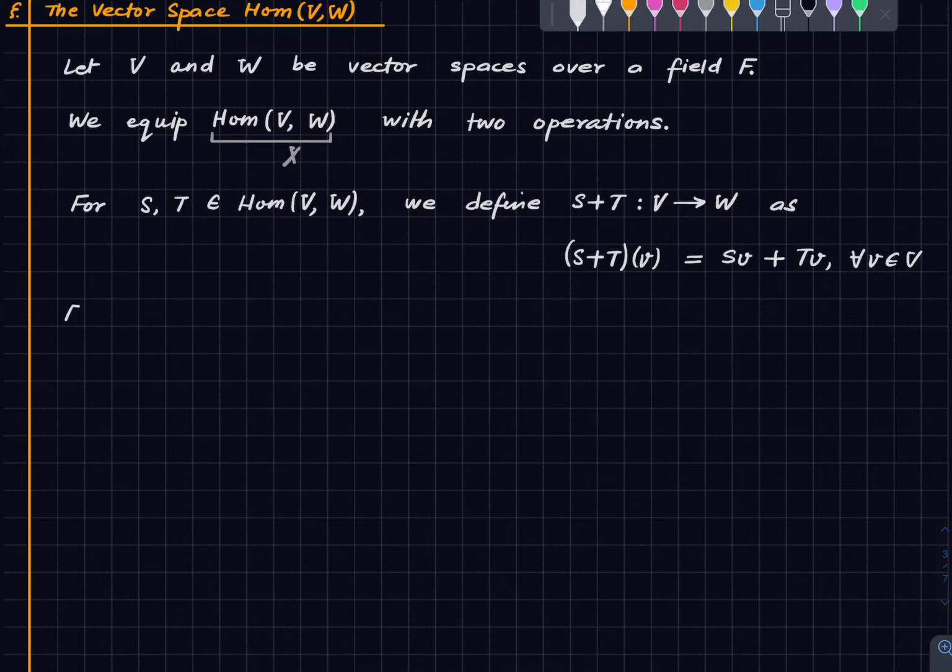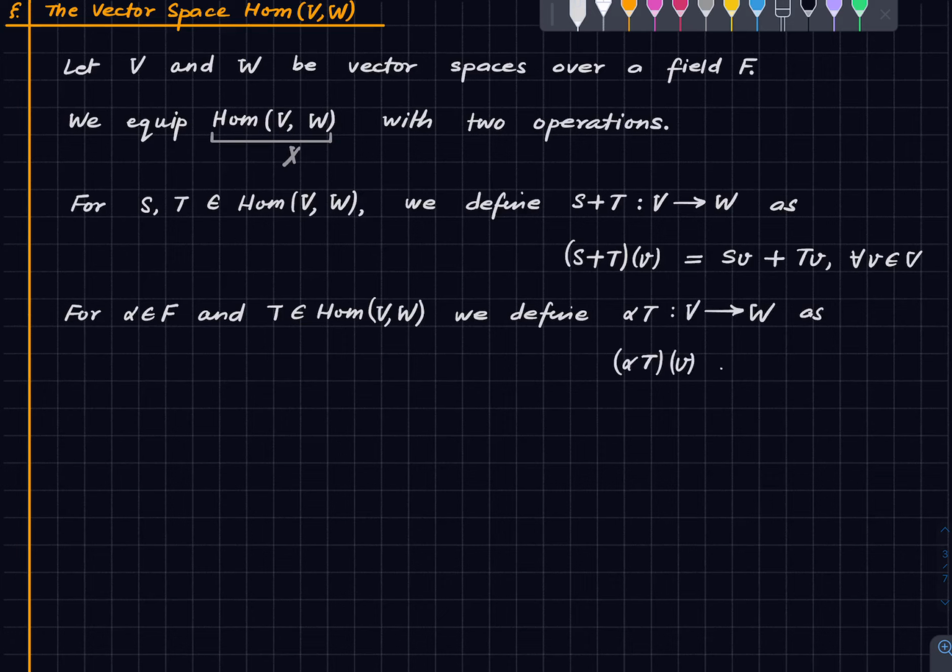And for any scalar alpha and any linear map T from V to W, we define this thing alpha dot T, or just alpha T, from V to W via the following recipe.